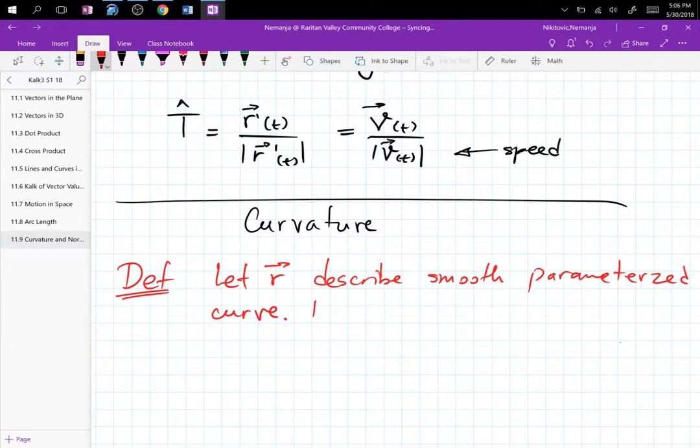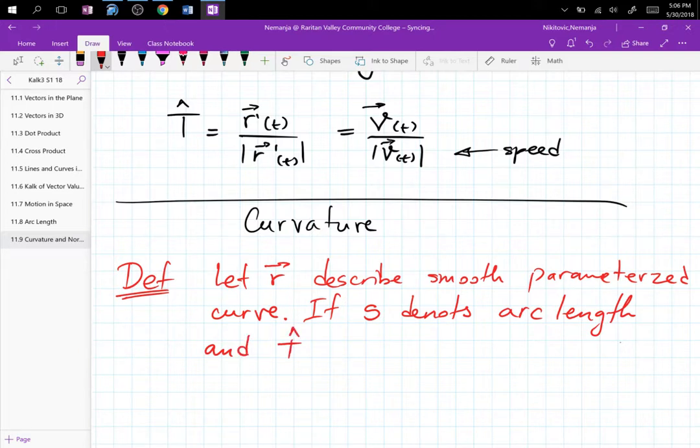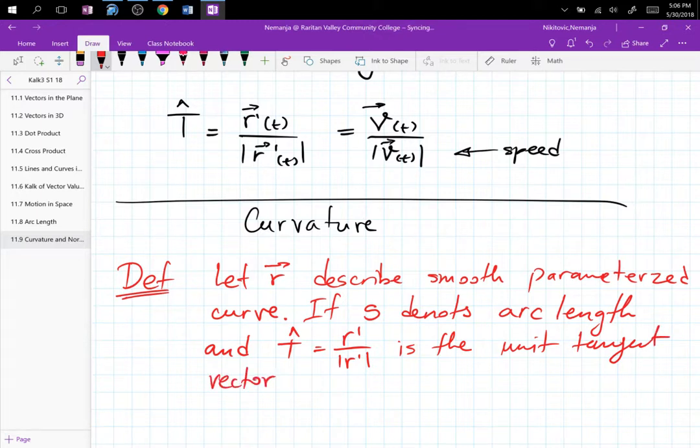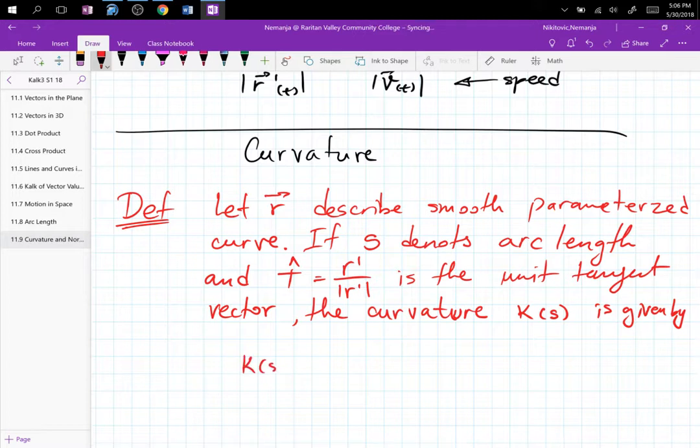If S denotes the arc length, and T hat, which is R prime divided by magnitude of R prime, is the unit tangent vector, the curvature K of S is given by K of S is equal to the magnitude of dT/dS.